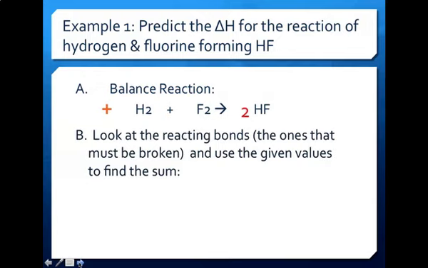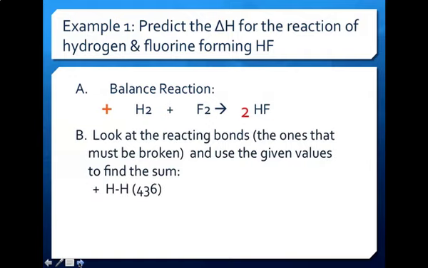Fluorine is a halogen. Can halogens form double or triple bonds? They only need one more electron as well, just like hydrogen did. So the most that they can form is a single bond. They can't do more than that. There's no room for it. So both of these, if I were to draw the Lewis structures of them, they'd be single bonds. So I look at my chart, and there's only going to be single bond information for these.